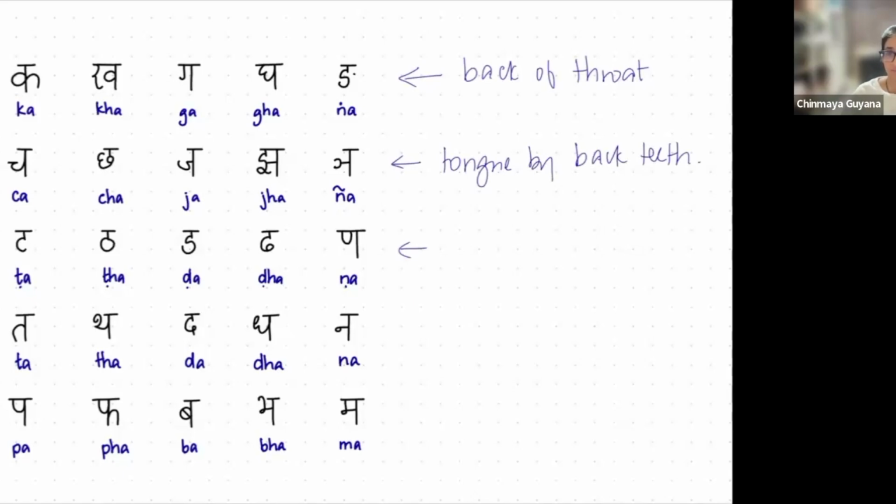Where's your tongue? Everyone knows this. This is how we learned it. It's at the middle of the mouth, right? Then, now say tha, tha, dha, dha, na. Where's the tongue? Behind the teeth. Right?